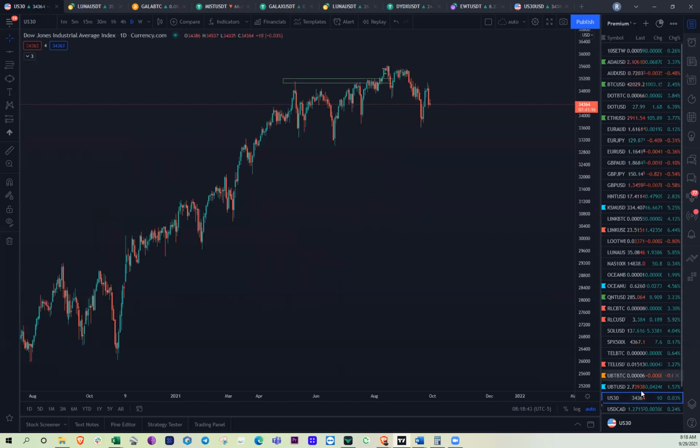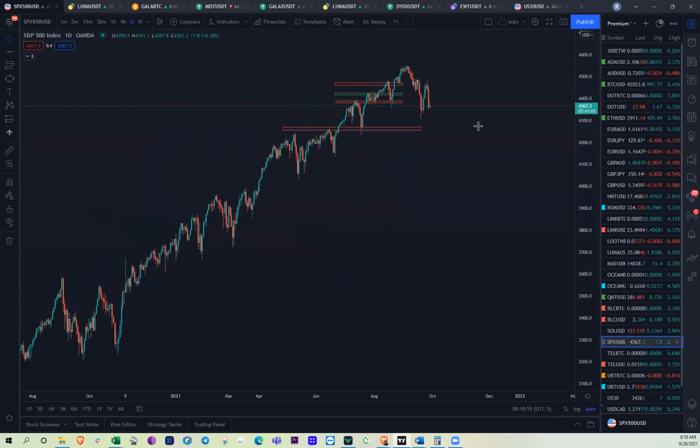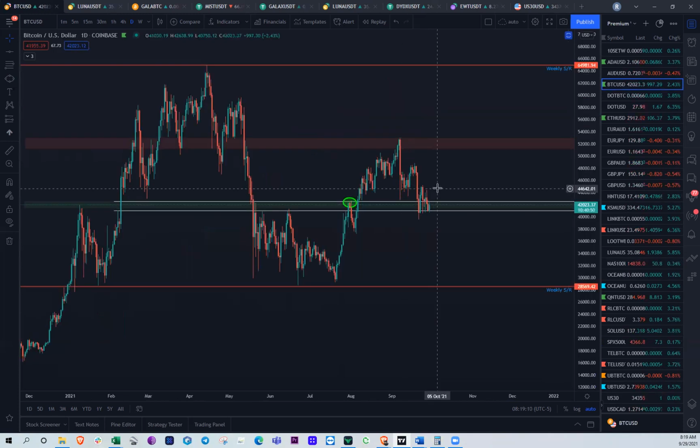The indices actually will give you an insight on what crypto is going to do because they are still tied to one another. People aren't looking at Bitcoin and crypto overall as a safe haven against all of this. So typically the same big money people that are in the stock markets and selling it are the same people in the crypto market selling Bitcoin and other cryptos.